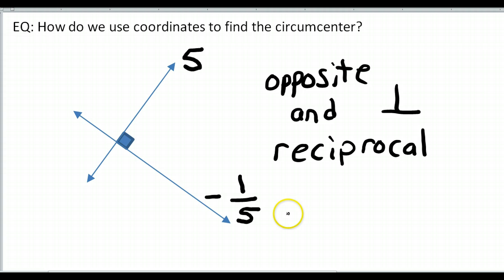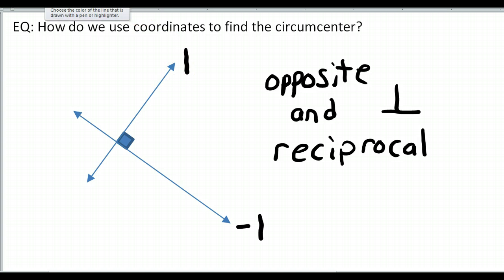One more. What if one line had a slope of 1? Just positive 1. What would be the slope of the other line? It would be negative 1. What's happening here is a slope of positive 1, if I look at it as a fraction, that's like having 1 over 1.